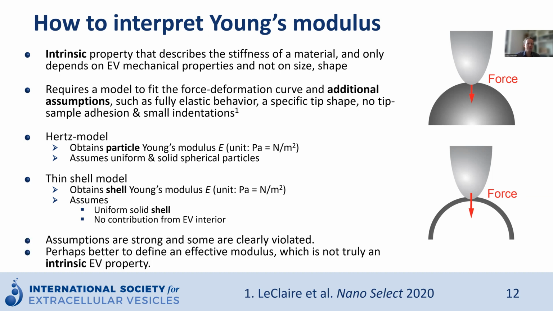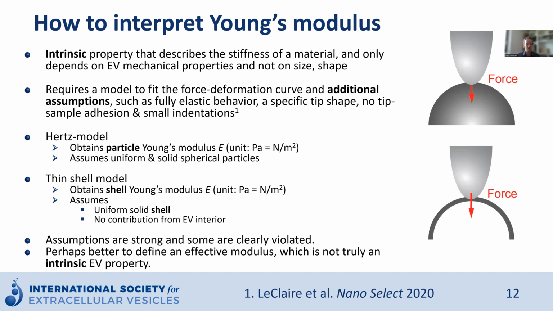Some of the assumptions that are made for these models are very strong and even clearly violated. In this case, we still may be able to speak about an effective Young's modulus. However, the reported values will likely not be fully independent of vesicle shape and size, which means that we need to be careful in comparing these values between samples and between studies.